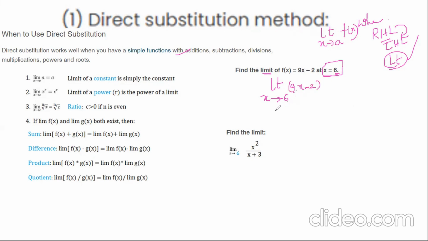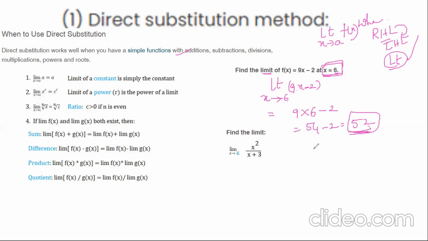So now what is the first thing we are going to do whenever you have a function as x is approaching something? Just substitute the value of x. How much do you get? 54 minus 2, that is 52. So this is the value of the limit as x approaches 6. What is the actual meaning of 52?